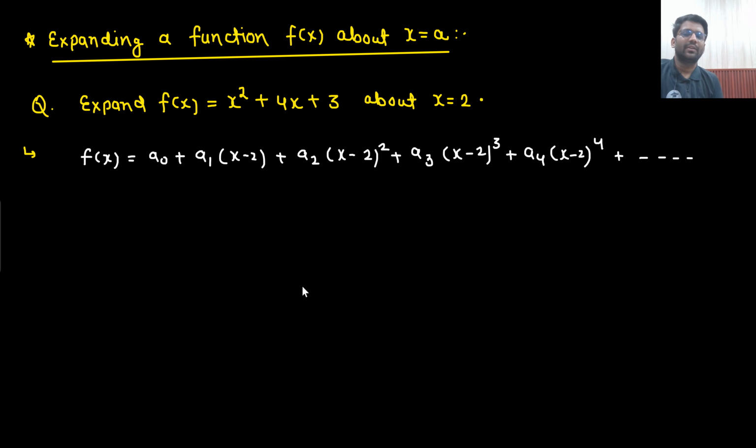In that manner you need to express your f(x): constant value, then power 1, then power 2, linear, quadratic, cubic, then power 4, power 5, power 6 and so on. Can you do it? So sir, here our target is to find out these constant values.